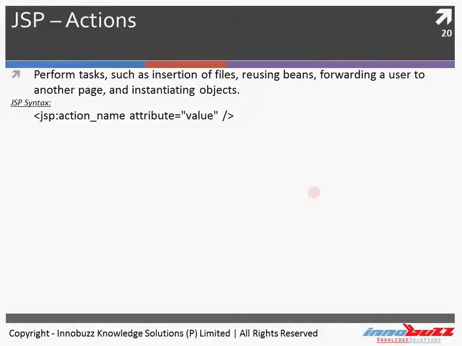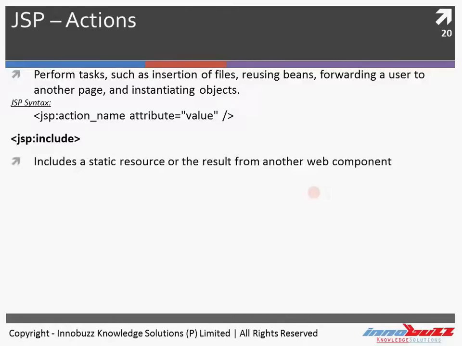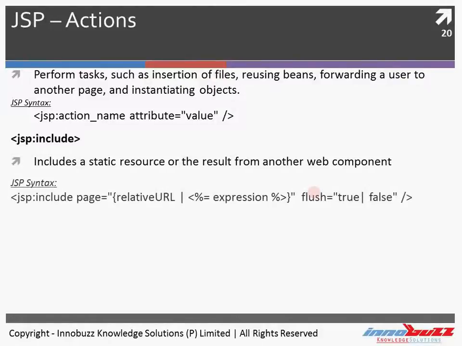First thing, this is the basic syntax. It always starts with jsp colon, followed by the JSP action and then the attribute. So the first action in JSP is jsp:include. The include says it includes a static resource or a result from another web component.